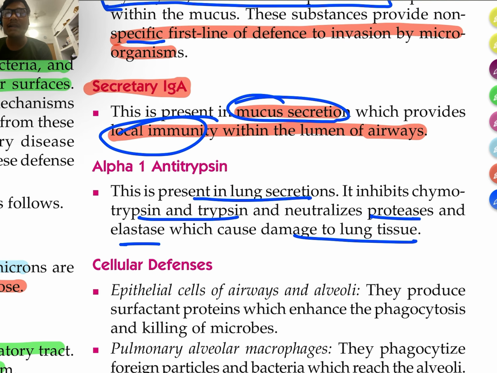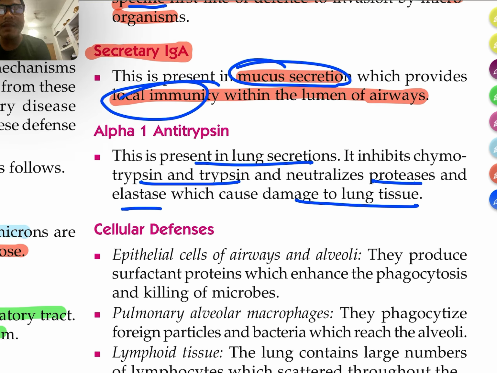We will later study in emphysema how irritation causes activation of protease and elastase, resulting in damage to the lung tissue, leading to emphysema or breathing difficulty. Later we will watch.